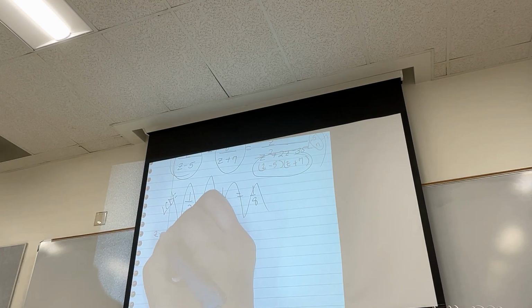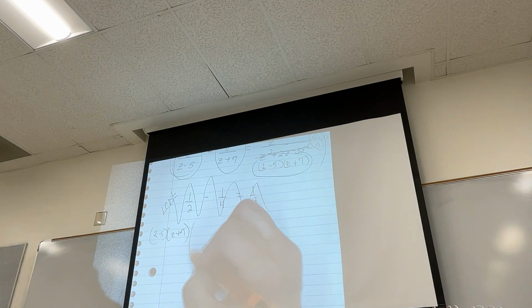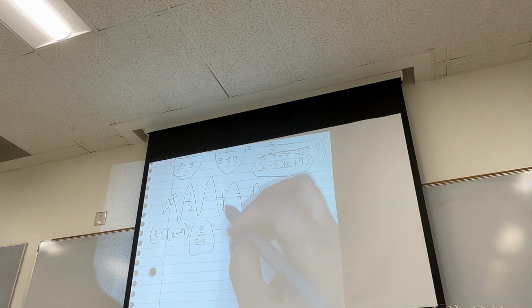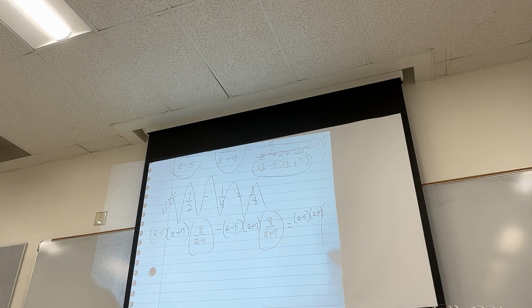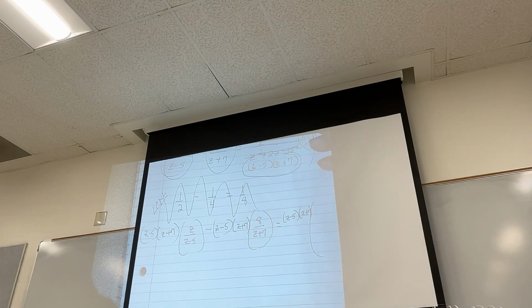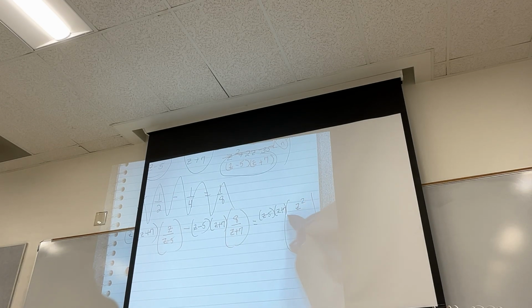So z minus 5 times z plus 7, that's my LCD, times the first term, z over z minus 5, minus the LCD again, z minus 5 times z plus 7 times the second term, 8 over z plus 7, equals my LCD again, z minus 5 times z plus 7 times the last term, which is the long one we have there, z squared over z minus 5 times z plus 7.